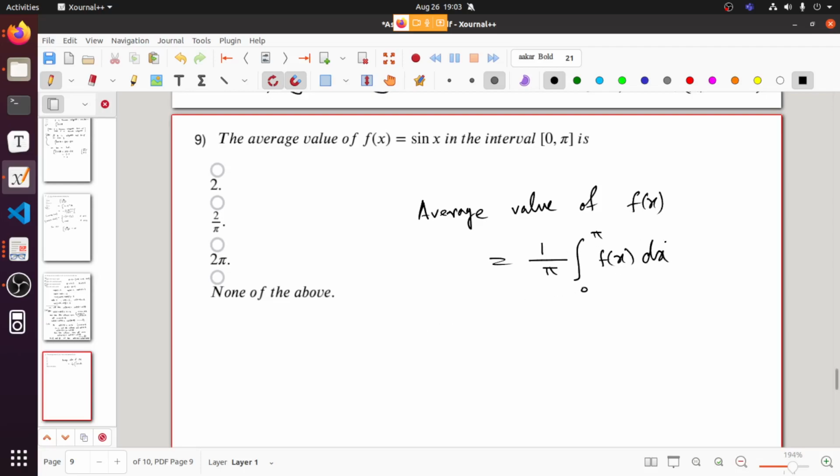So this is called the average of f(x) on 0 to pi. So here f(x) is sin x.